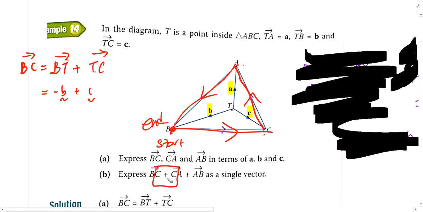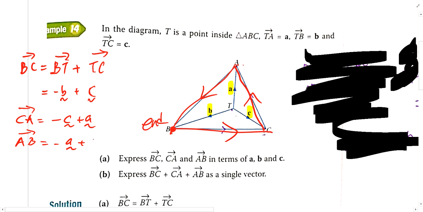Alternatively, we saw that BC is negative B plus C. Then we've got AB is, no, CA first. So CA is negative C plus A. And finally AB, negative A plus B. If I add everything up, negative B plus C minus C plus A minus A plus B. Okay, do this mentally.